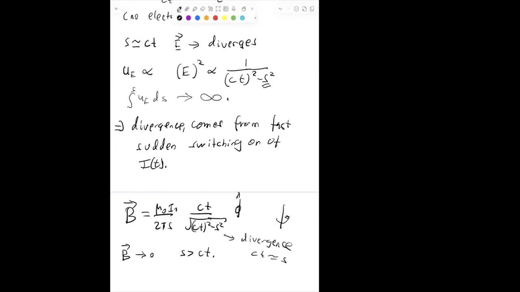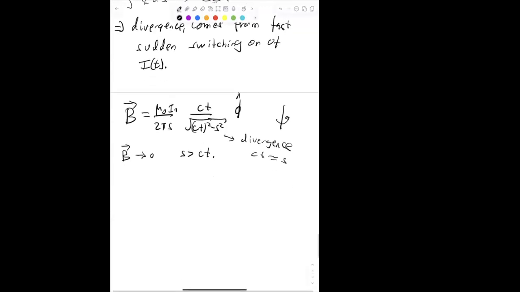There is a big difference between the two, though. What do we expect in the opposite limit, if S is much, much smaller than CT? This is the limit where things have kind of settled down. You are not so far away. The initial pulse, you already forgot about it. Then CT squared minus S squared is more or less equal to CT squared.